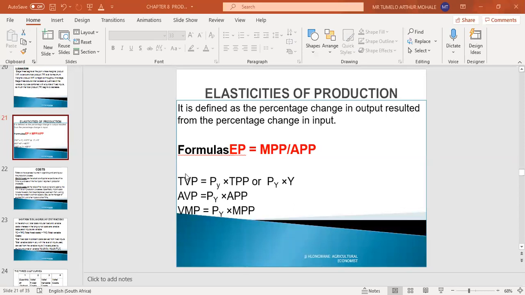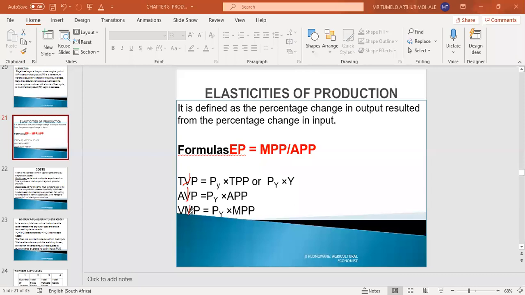Yes. PY. Now let's check. In the first equation, we are dealing with total variable product. So for you to know what we are going to multiply the price of Y by, you have to do this. You cancel V. You also cancel V here.